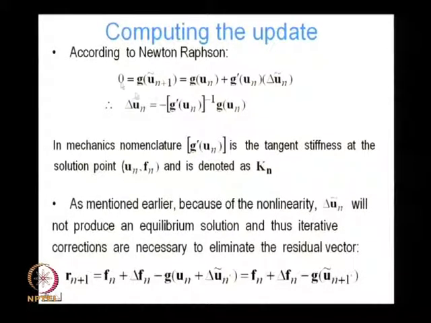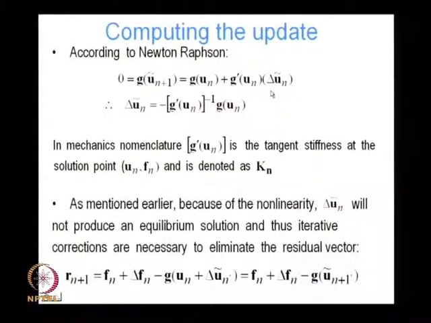So, I am using Newton-Raphson, and I am saying this is my new iterate, g of u tilde n plus 1, and since the ordinate is 0, it is the point where it intersects the abscissa. So, g of u tilde n plus 1 is equal to 0, and that is equal to g of u n, the starting value, plus the tangent times the increment. From this equation I am going to get delta u tilde n, which is nothing but g prime of u n inverse times g of u n.